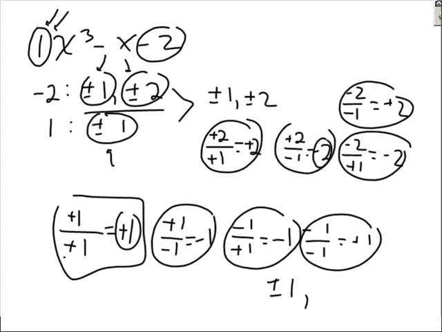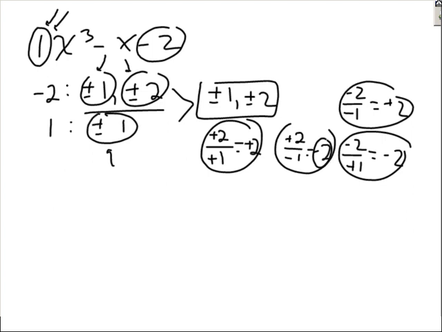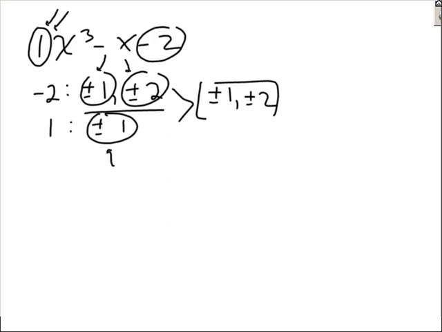You get plus minus 1 or plus minus 2. Exactly what I said. Those are the only possible rational zeros. Okay, so we test all 4 of them and we say, look, none of them worked. There are no rational zeros. If none of the possible ones actually work, well then there are none.